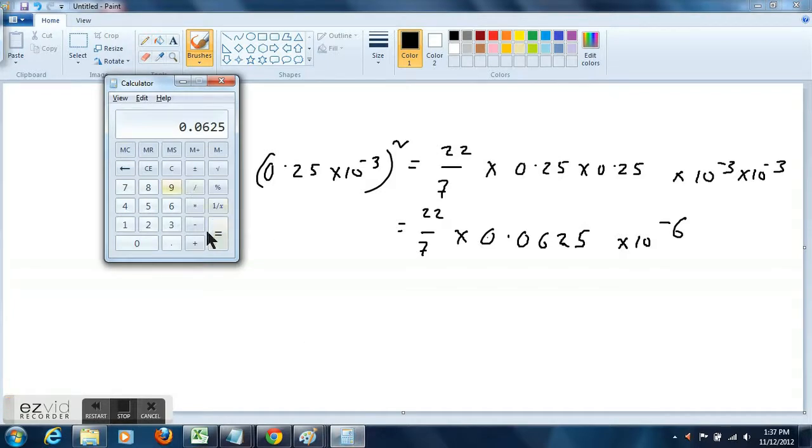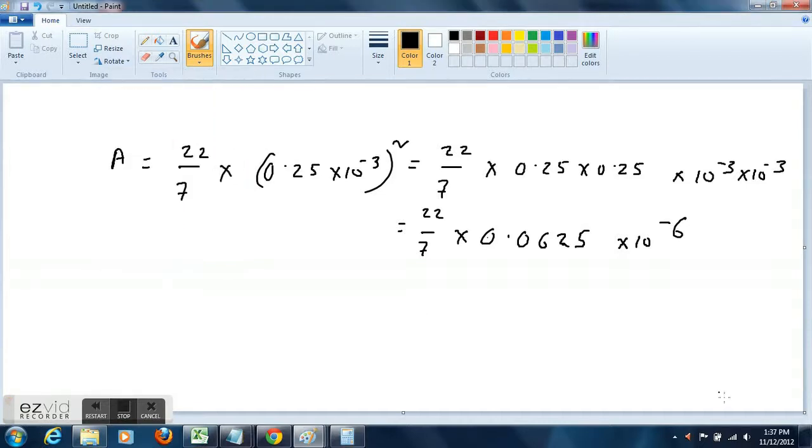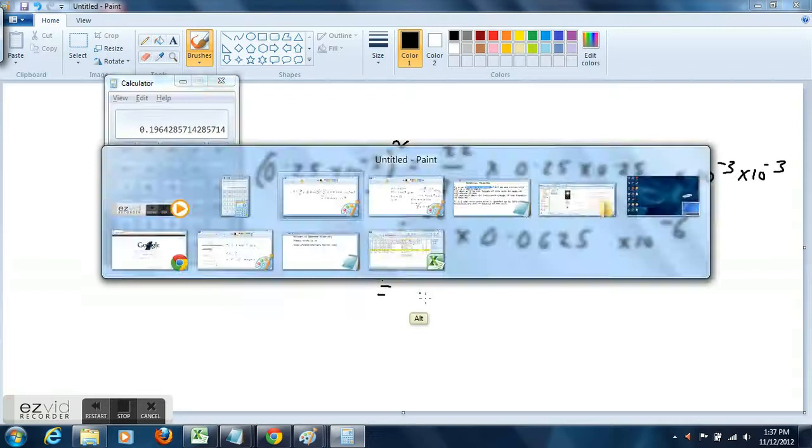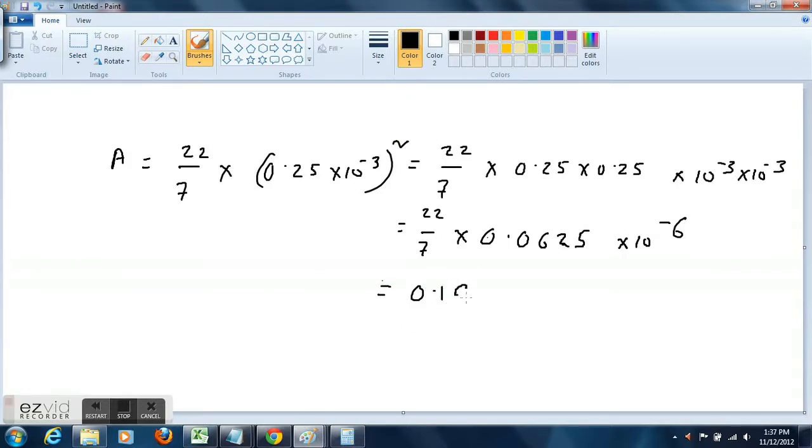Now 22 upon 7 into 0.0625 equal to 0.1964 into 10 to the power minus 6 meter square.